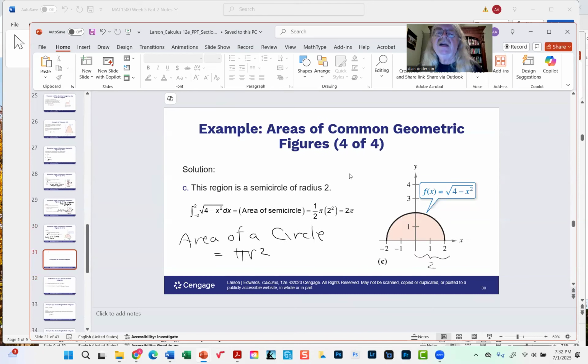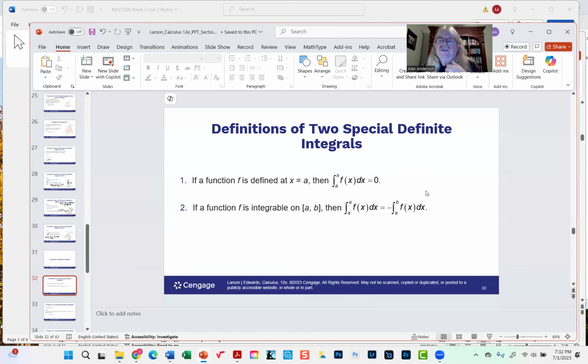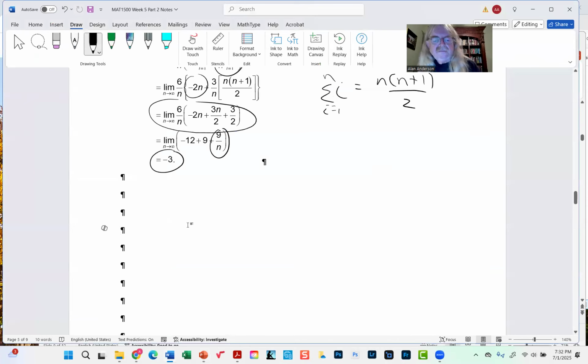All right. Now they still haven't given us any actual examples where we're using the rules of integration. That's coming up soon enough. So they want us to notice a couple of key details here, though. Given the lower and upper limits of integration, if the two of them are equal to each other, then you have 0. Because what you basically have is a rectangle with a base of 0.